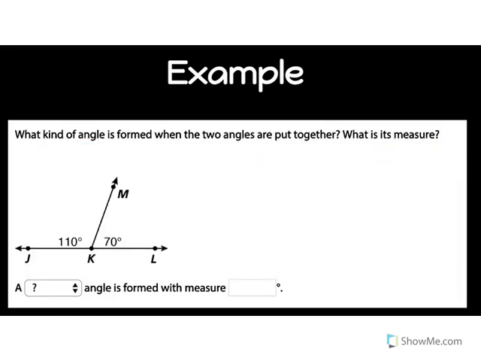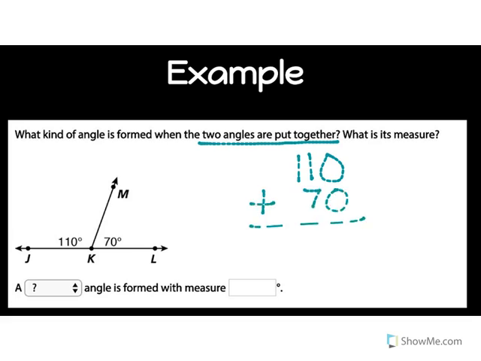What kind of angle is formed when the two angles are put together? What is its measure? Okay, again, they told us both measures. So it says when the two angles are put together. Put together is fancy for add. So I'm going to add 110 degrees to 70 degrees. When I add that, I get 180 degrees.